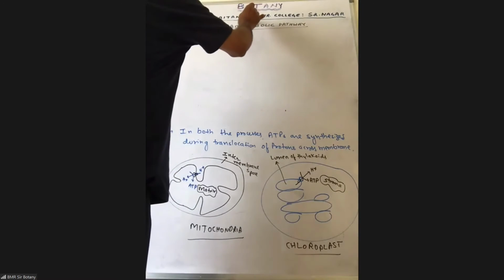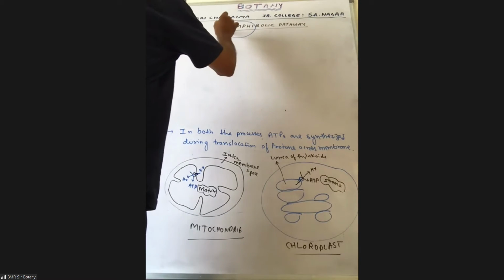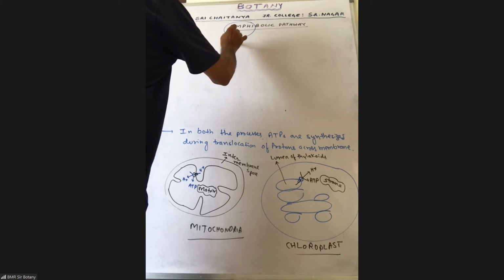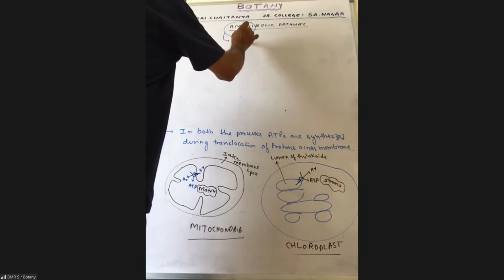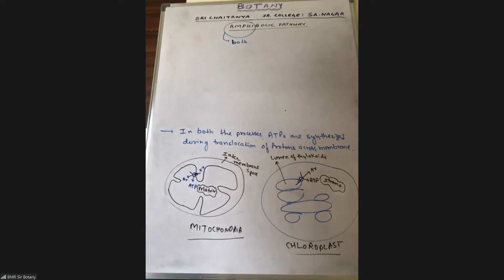What is meant by amphi? Can you tell me? Both. Dual, two. Amphi, diplo, di, meaning both. Amphistomatous, meaning what? Both. Stomata on both sides, stomata were equally on both sides.